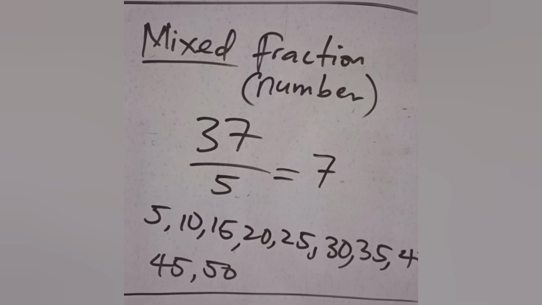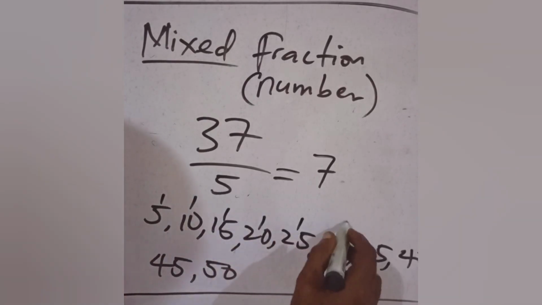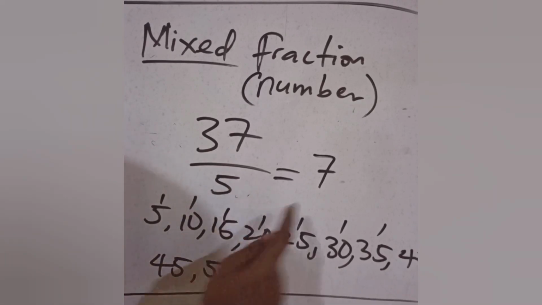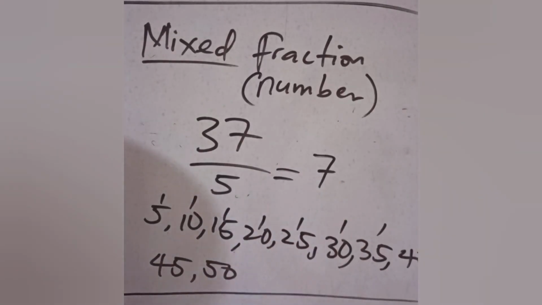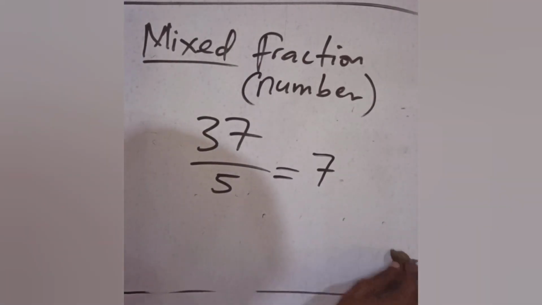So this is very easy. If you count these multiples, 1, 2, 3, 4, 5, 6, 7, you can see that counting in fives, going forward, you have 7 times. Counting in fives is very easy. Dividing by five is very easy too.